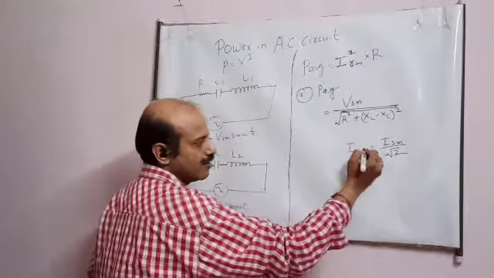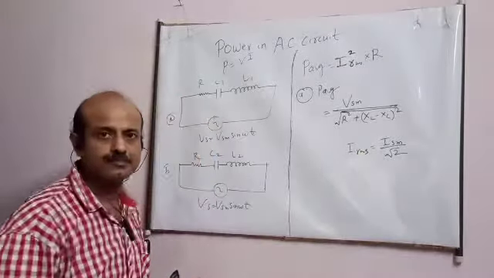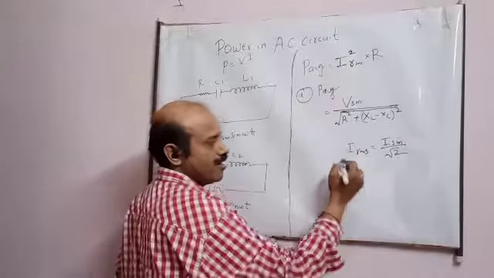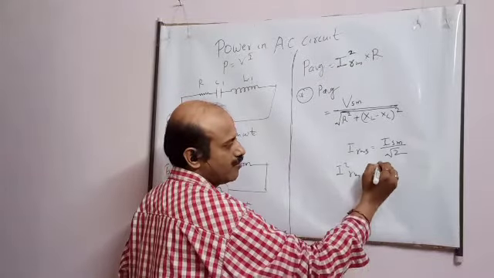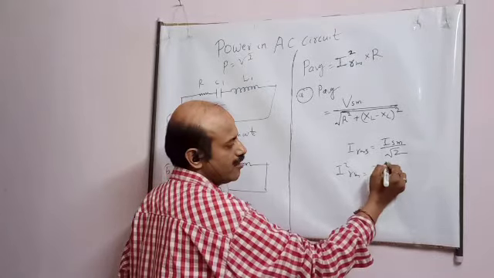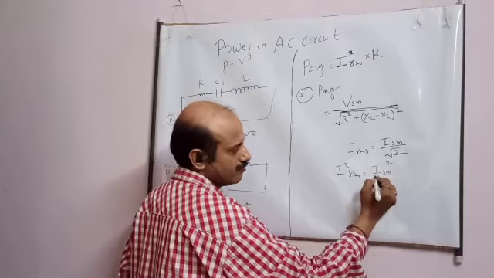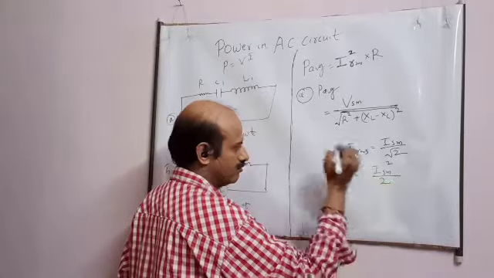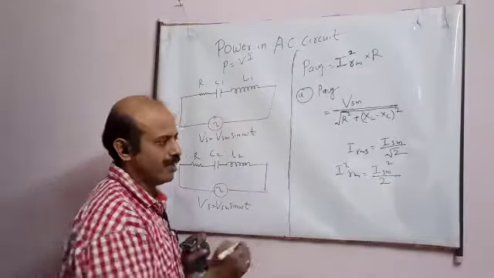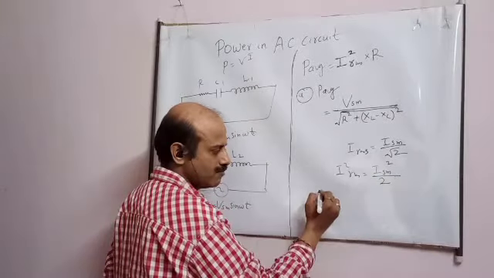This is the basic relation. So here I RMS square will come out to be I max square upon 2.